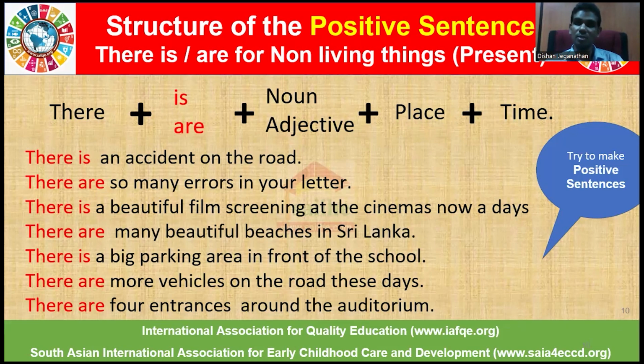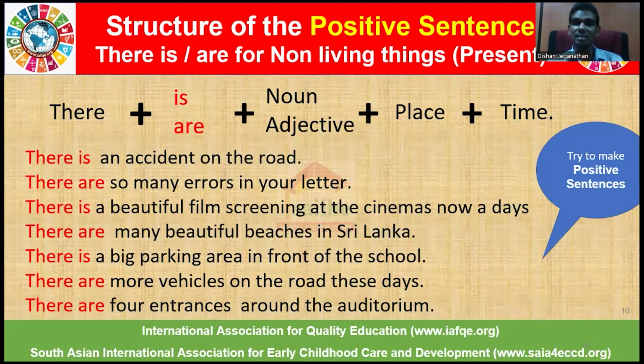If we look at the first example on this slide, there is an accident on the road. Since accident is a singular event, we make use of is. There is an accident on the road.